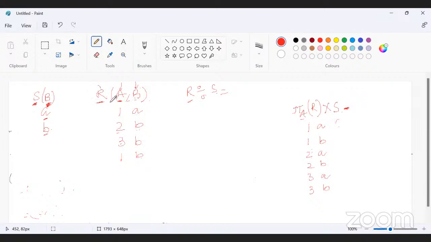R minus R, then after minus that, the pi R minus S, S inside the parenthesis. That means... Where is the expression? Yeah, that is the whole expression.